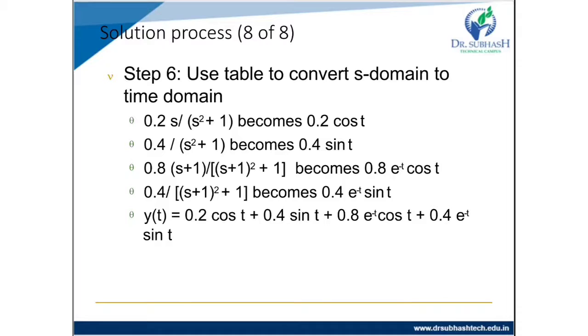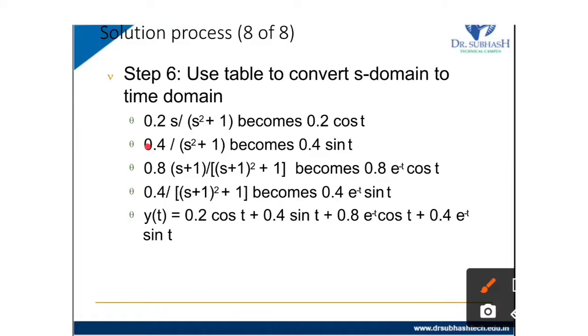Now the last step, use the table to convert s domain to time domain. So 0.2s divided by s square plus 1 becomes 0.2 cos t. 0.4 divided by s square plus 1 becomes 0.4 sin t. 0.8 (s plus 1) divided by ((s plus 1) square plus 1) becomes 0.8 e raised to minus t cos t.